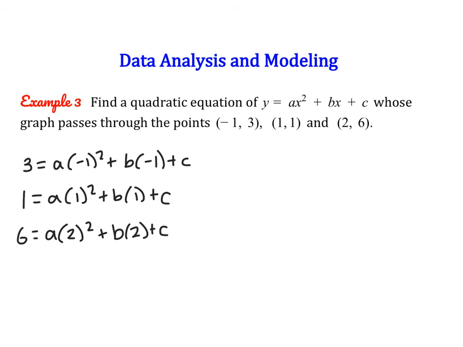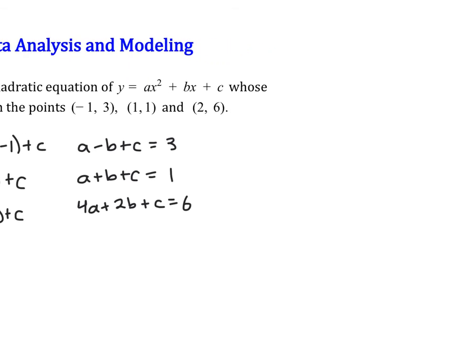So that essentially gives us a minus b plus c equals 3. A plus b plus c equals 1, and 4a plus 2b plus c equals 6. So now we just have a system of 3 variables.